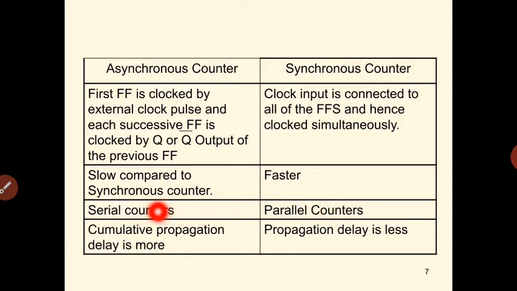In the case of serial counters, for getting a 4-bit output, you need 4 clock pulses, and for getting a 4-bit output in the case of a synchronous counter, you need only 1 clock pulse. That is the difference between serial counter and parallel counter. So asynchronous counters are called serial counters, and synchronous counters are called parallel counters.